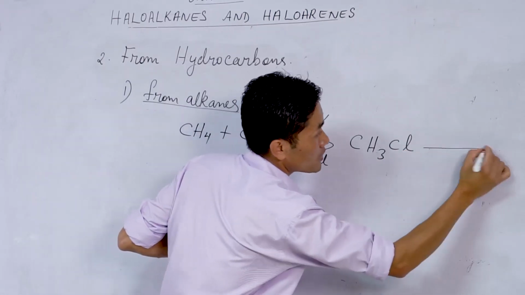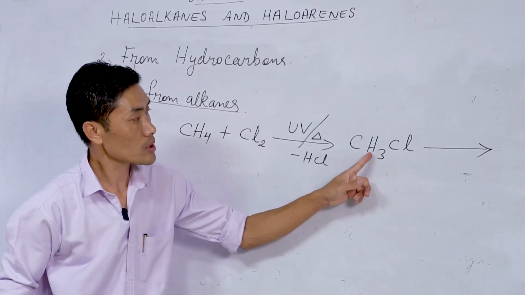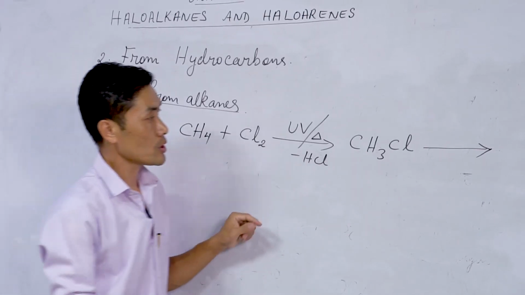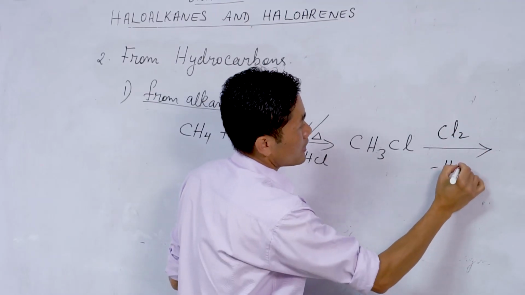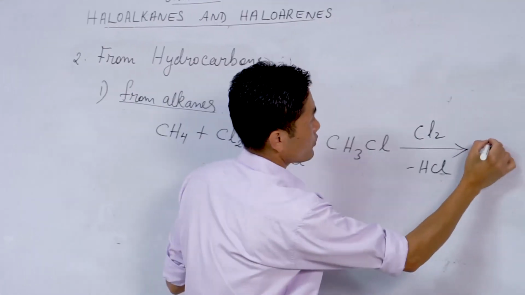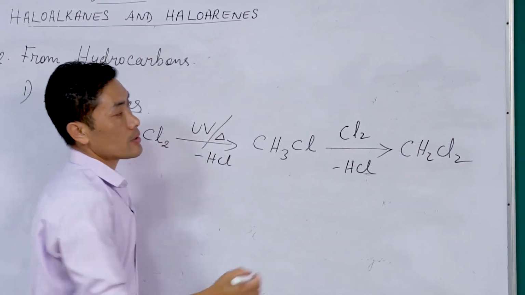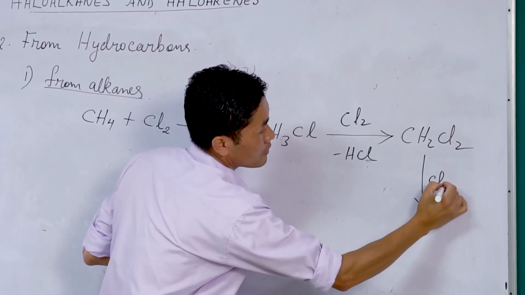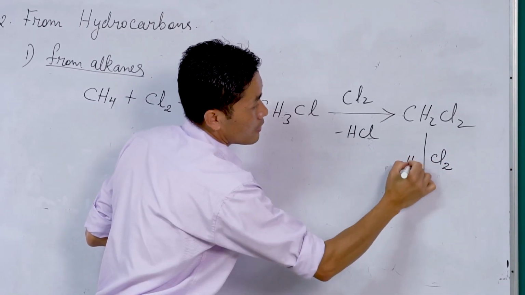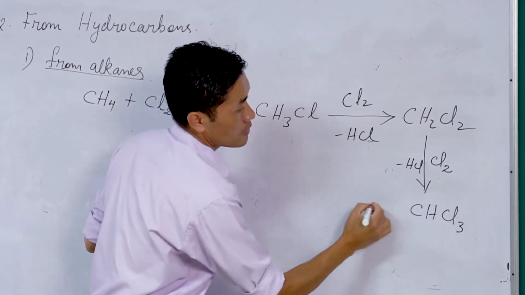This reaction can proceed further until all the hydrogen atoms are replaced by halogen atoms. So another HCl molecule will be lost, then we will get CH2Cl2. Then this can go further and form CHCl3.